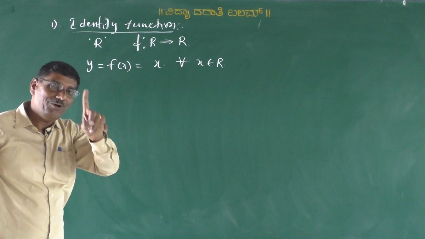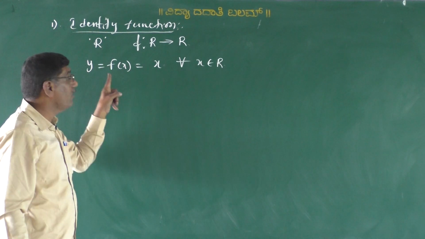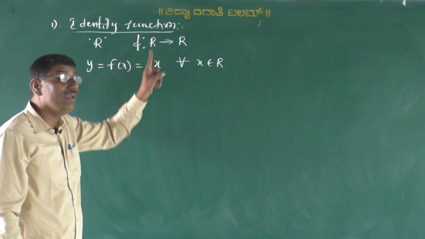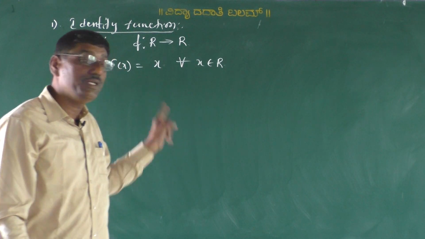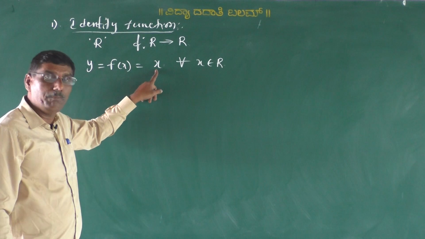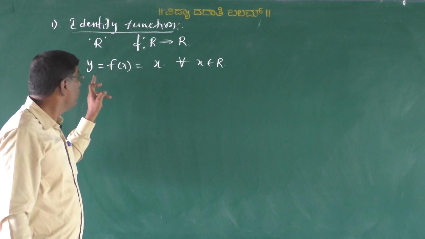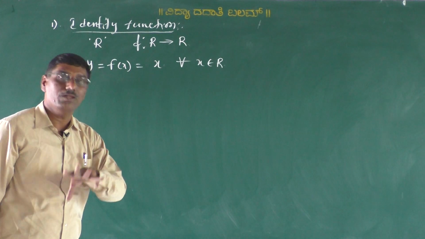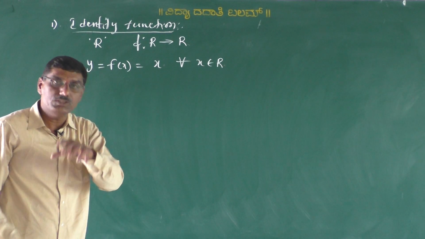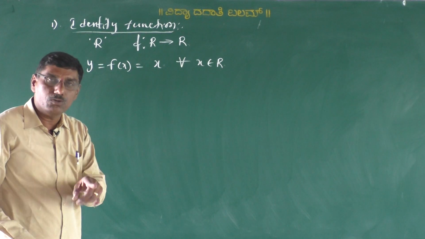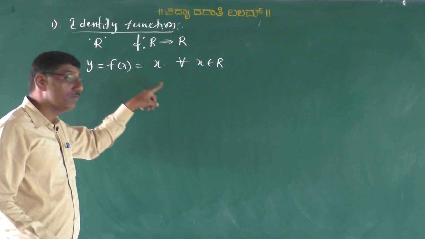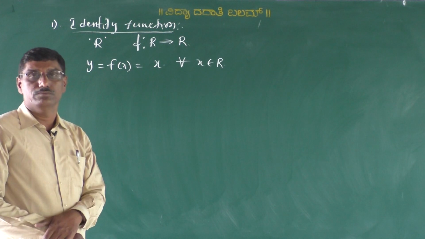X means we know domain. Therefore, domain of this function is set of reals. Domain of identity function is set of reals. If I give a real number in the place of x, we get y, the same real number. If I give x is equal to 1, we get y is equal to 1. x is equal to 2, y is equal to 2. x is equal to 3.5, then y is also 3.5.